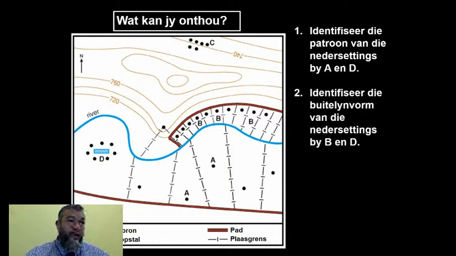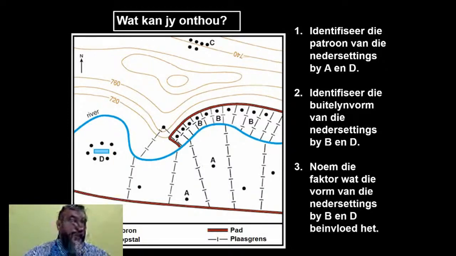Okay? Identifiseer die buitelynvorm van die nedersettings. In English, identify the shape of the settlements at B and D. So now it is this one and that one. And I can see this is linear. It's a line. The line is slightly curved, but it is still in a straight line. It's linear. It's a circle. It's circular. It's round. Buitelynvorm. Shape.